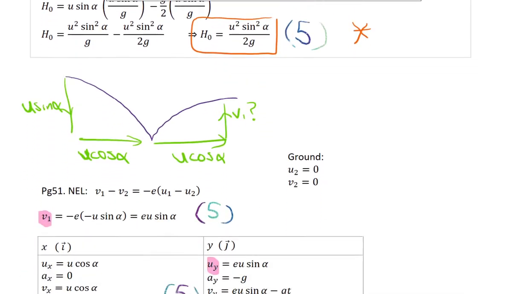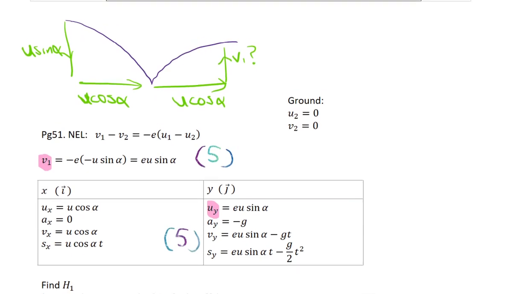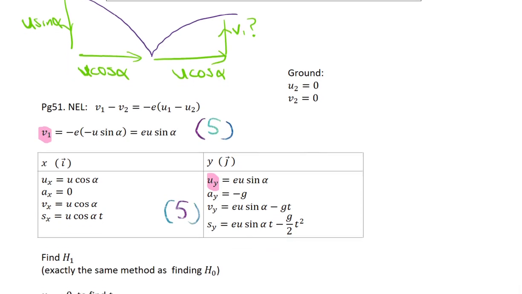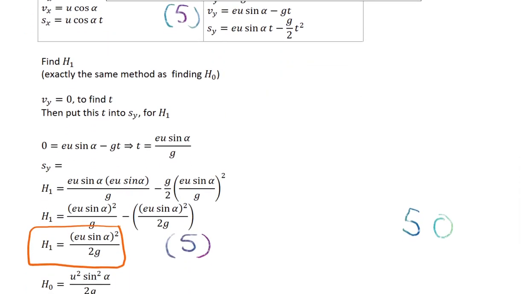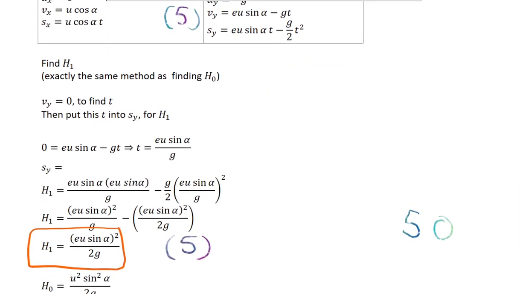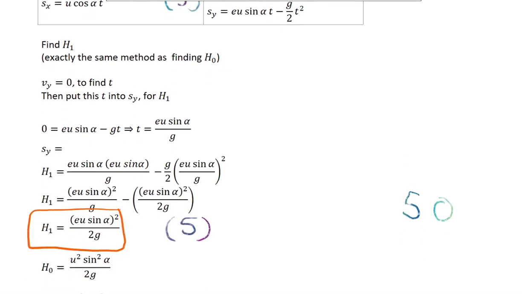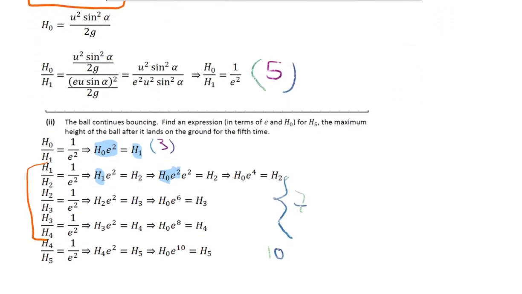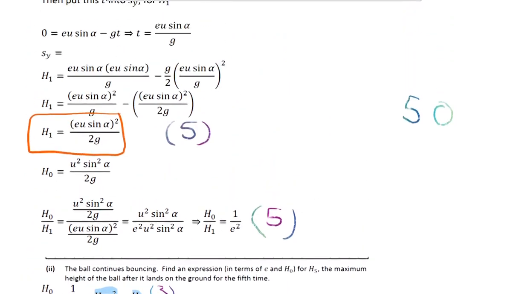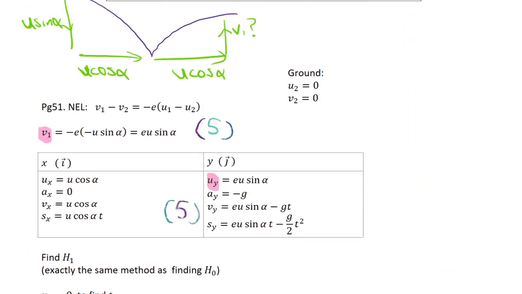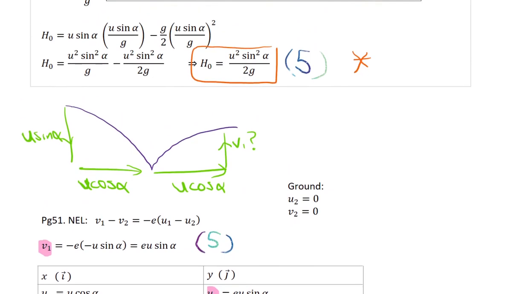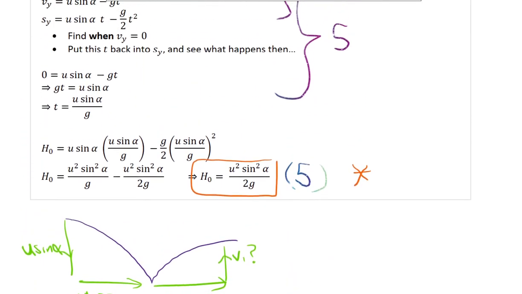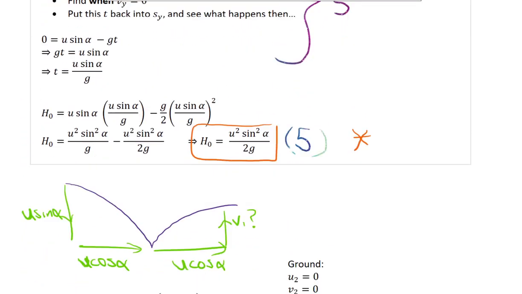Then some attempt here to get Newton's experimental law going and rewriting it and finding H1 is another 15 marks. And then you've just got a bit more work here.